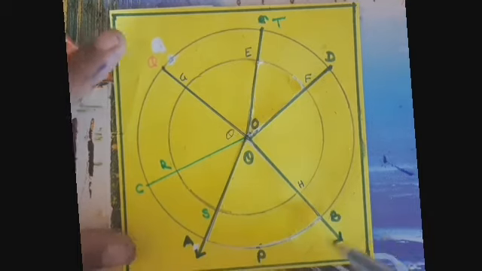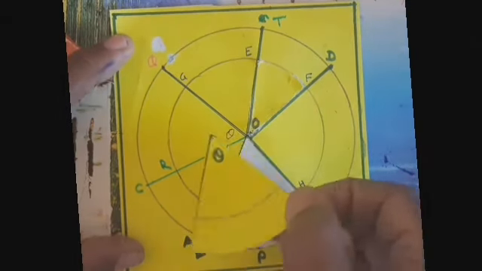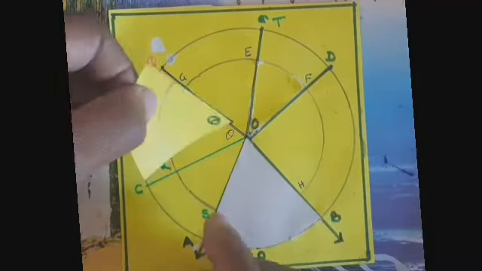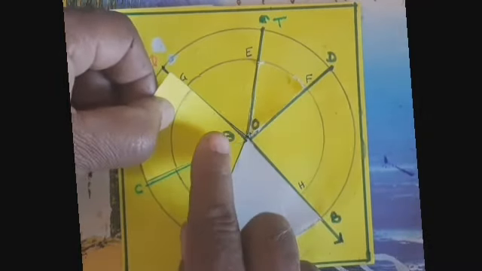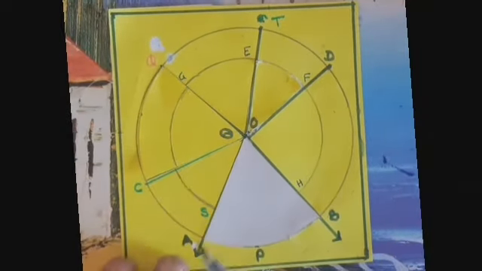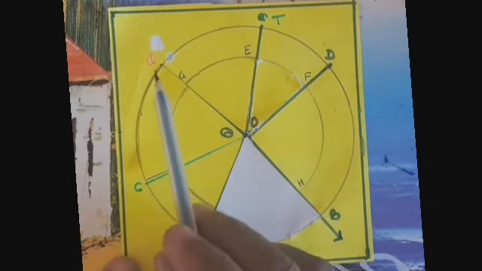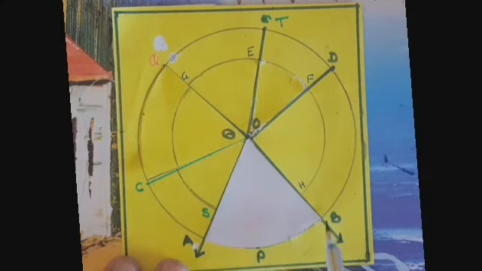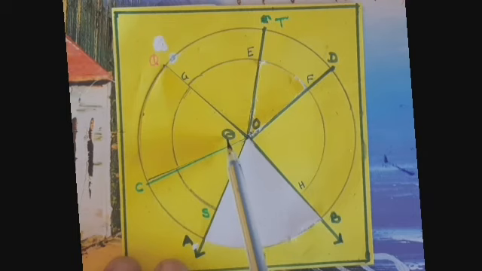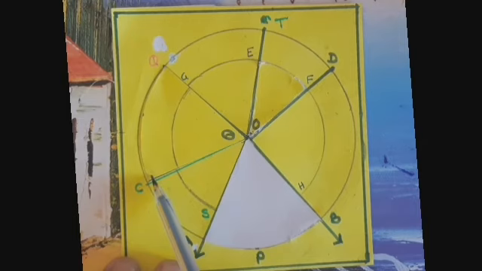We can prove that by cutting this sector and making them coincide, then we will find that arc QC and arc AB are equal. Theta is also equal, the measure of that angle is also equal, and the radius of that circle is also equal.